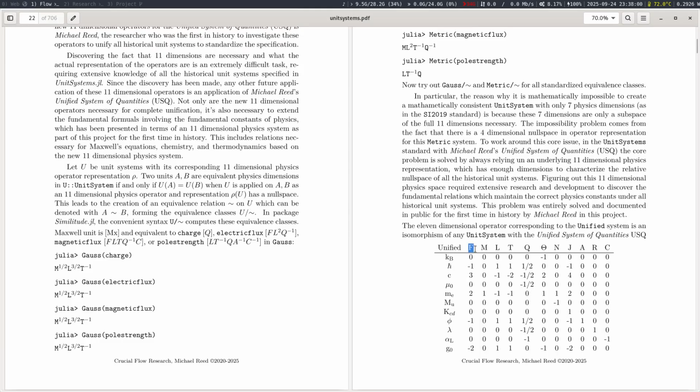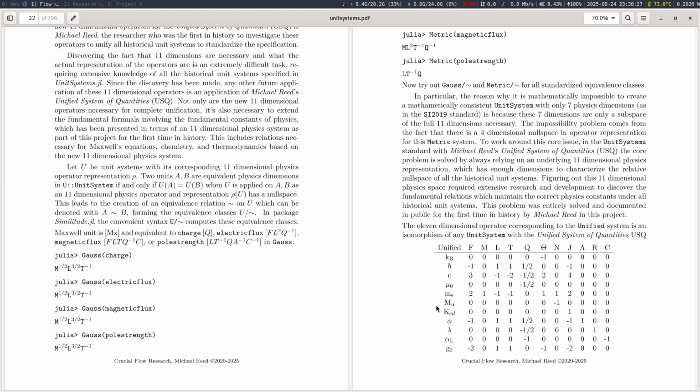So there are these two different ways of doing it, and these are isomorphic to each other. It's just a linear transformation to go from this to that. Okay, that's why it's an isomorphism.